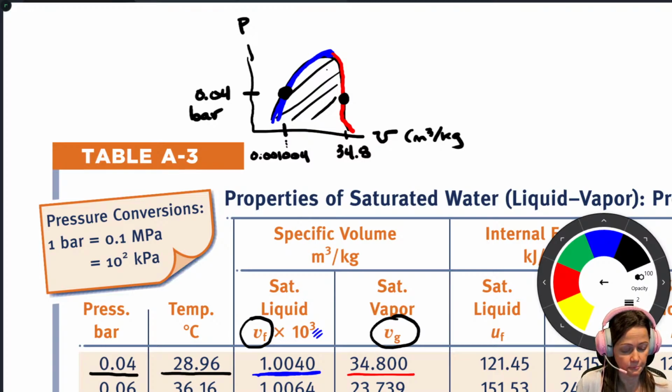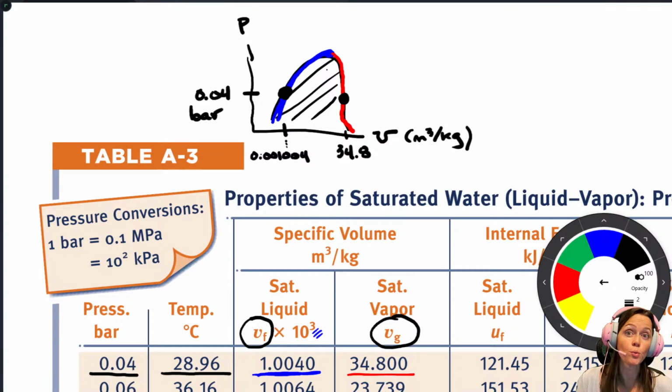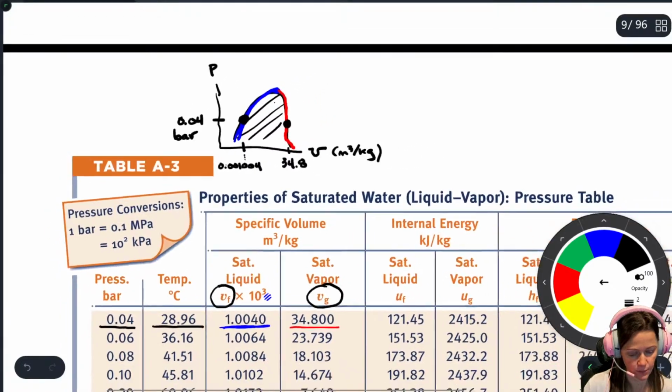Those rules that I was mentioning before: if you're above that 34.8 meters cubed per kilogram, but you're still at that 0.04 bar, that puts you clearly on the right-hand side of the dome, which would be in that superheated vapor region. If you have a specific volume below 0.001004 meters cubed per kilogram, and you're at 0.04 bar, then you know that you have a compressed liquid.